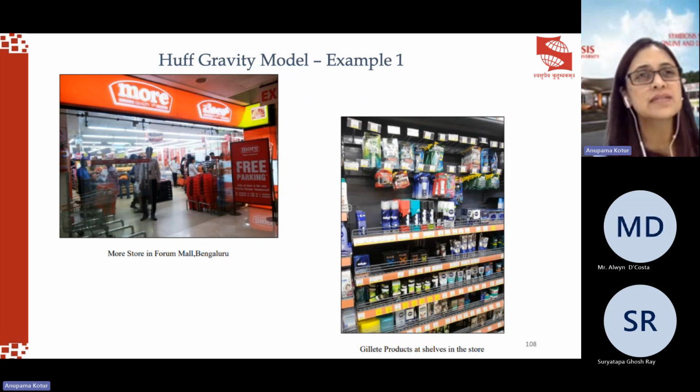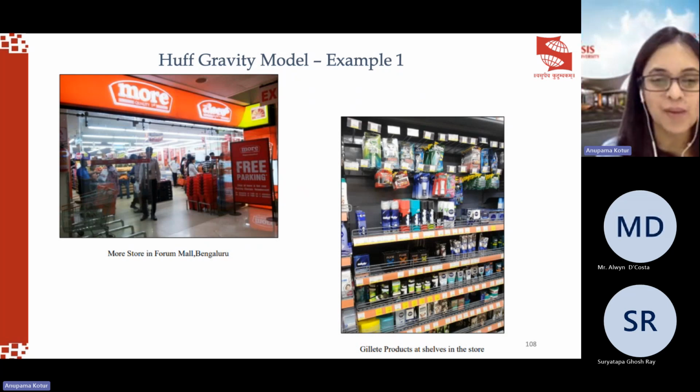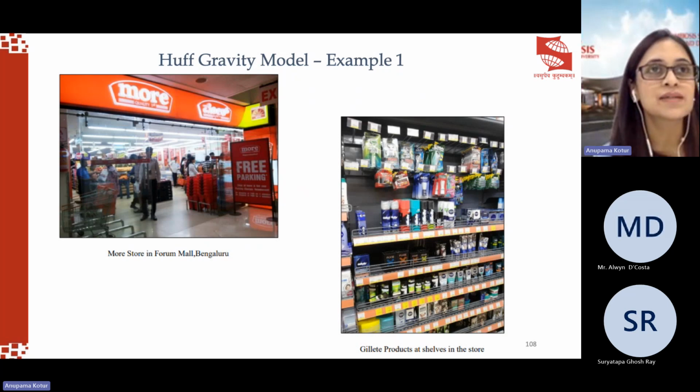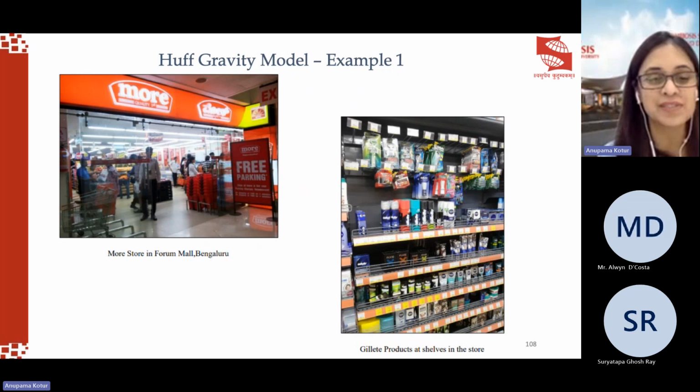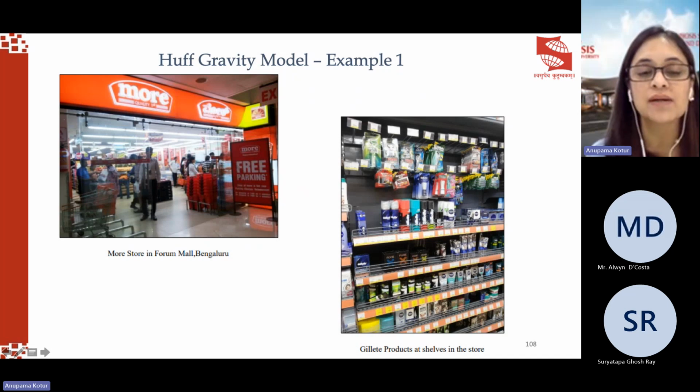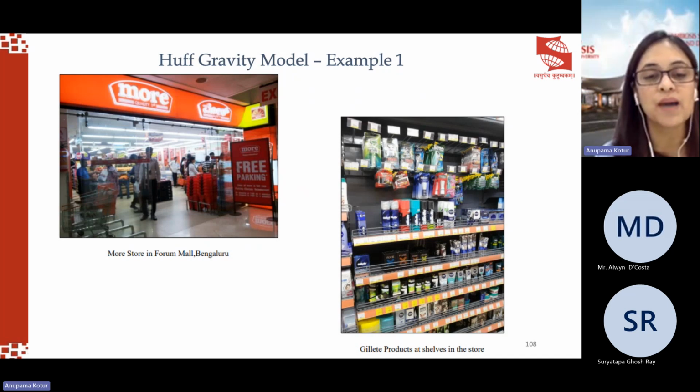And the very first McDonald's of the city also happened to open in Forum Mall. And when I was a college student, I remember there was a huge queue and it came in the papers. It was everywhere that people stood in front of that McDonald's store for like 4 hours before they could get their hands on that burger. Anyway, that's the context of this Forum Mall, a very popular mall in the city of Bangalore.